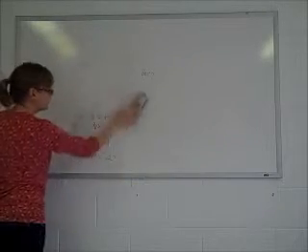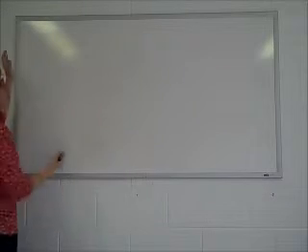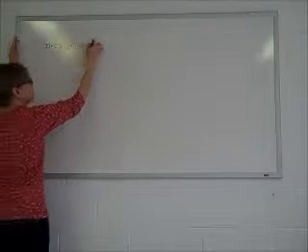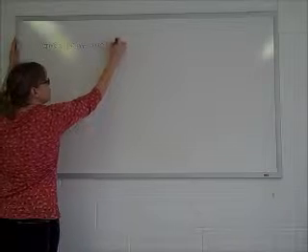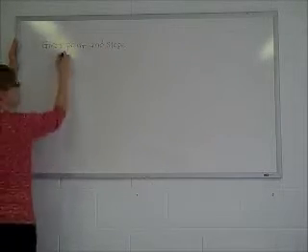Another type of problem, we might not be given m and b specifically. Instead, we might be given a point and a slope. So as you can imagine, given a point and a slope, we're going to use point-slope form.